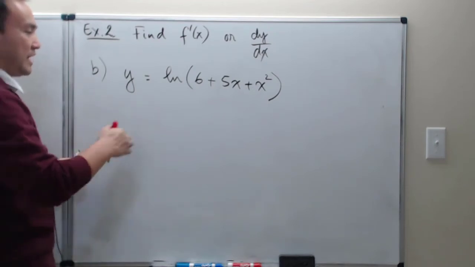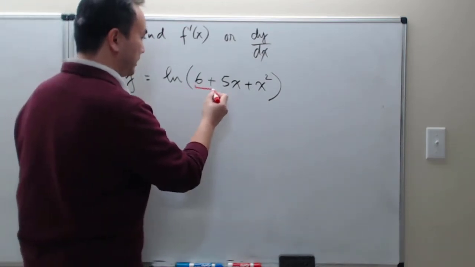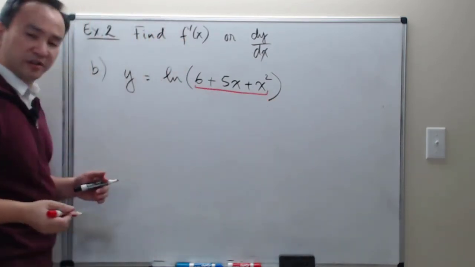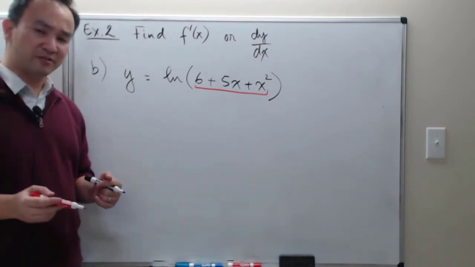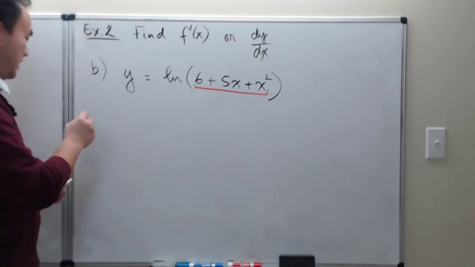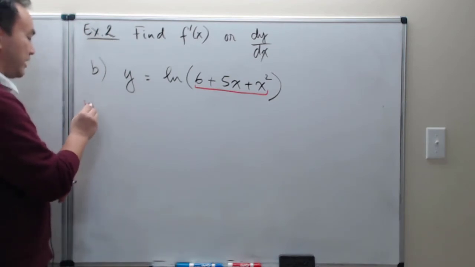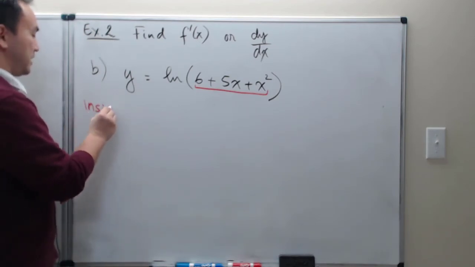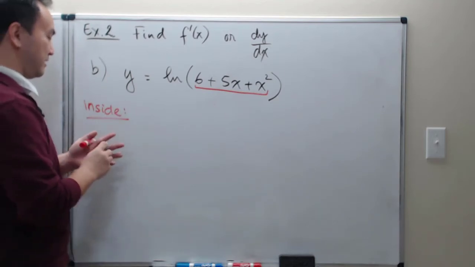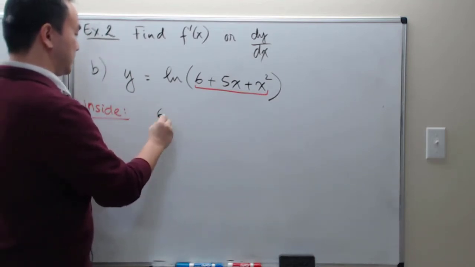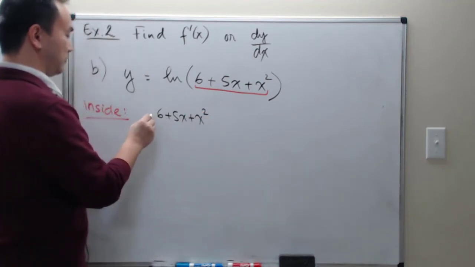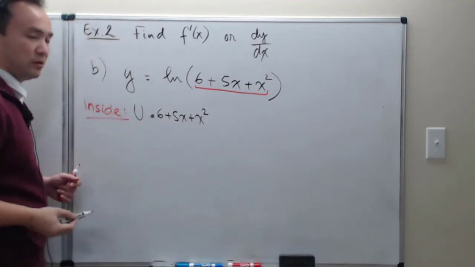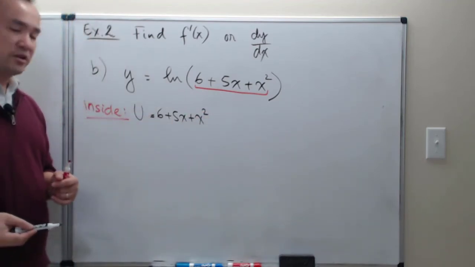Now again, even though you can explore choosing different expressions to be your inside expression ready for the chain rule to kick in, I advise that within what I recommend here, the inside, all that 6 plus 5x plus x squared, we can substitute by a variable u.